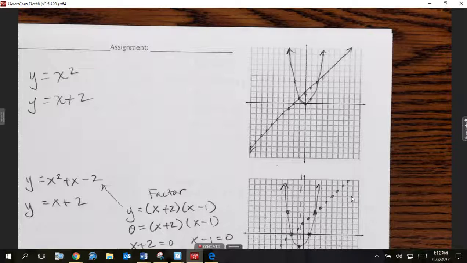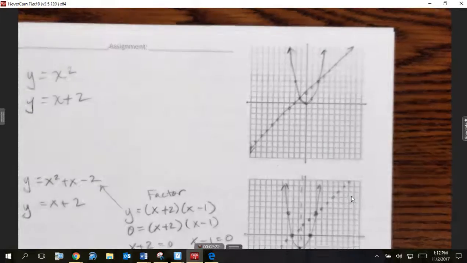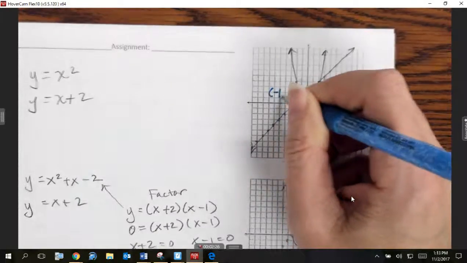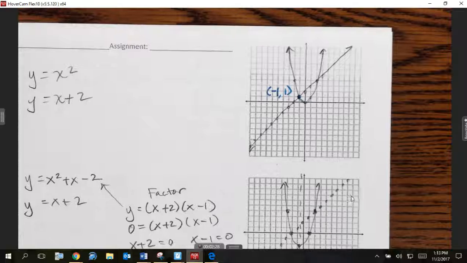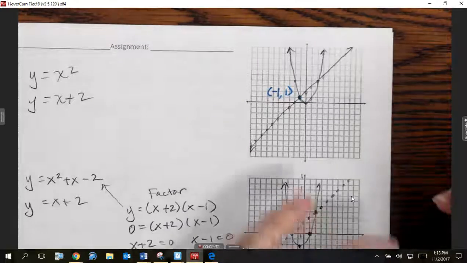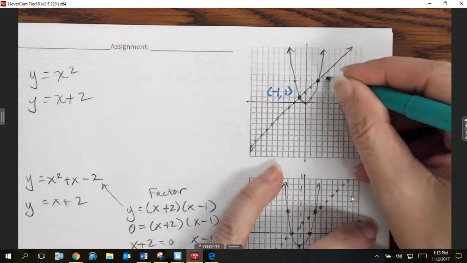Well, it should be on your paper. Emma, can you tell me one of them? -1, 1. She's thinking maybe -1, 1 is the solution. And Timothy, can you tell me another one? And Timothy's thinking 2, 4 might be another solution.